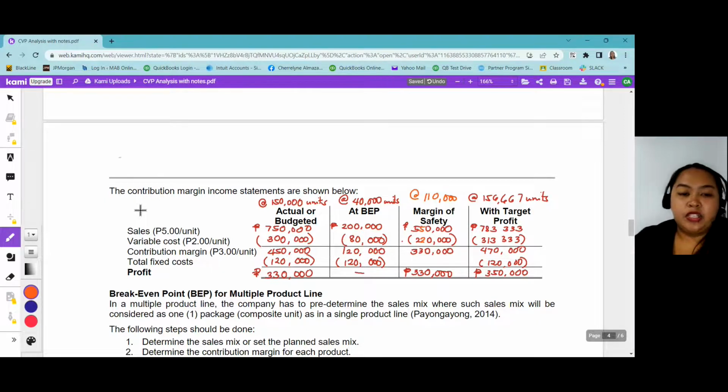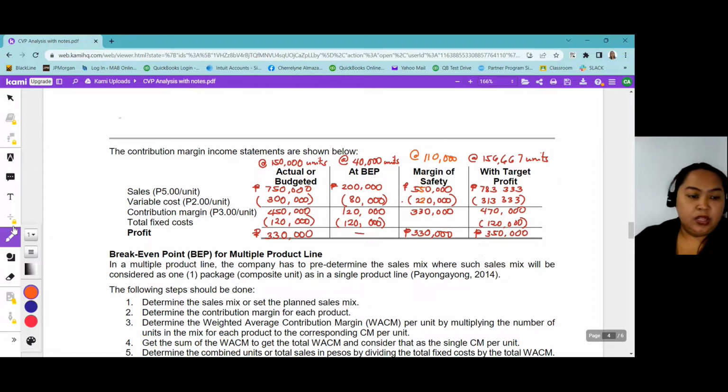Okay. So your margin of safety in sales is your 750 less your BEP in sales of 200,000 equivalent to 550,000. Okay? Oops. I think I forgot yung fixed cost natin. Sandali lang.